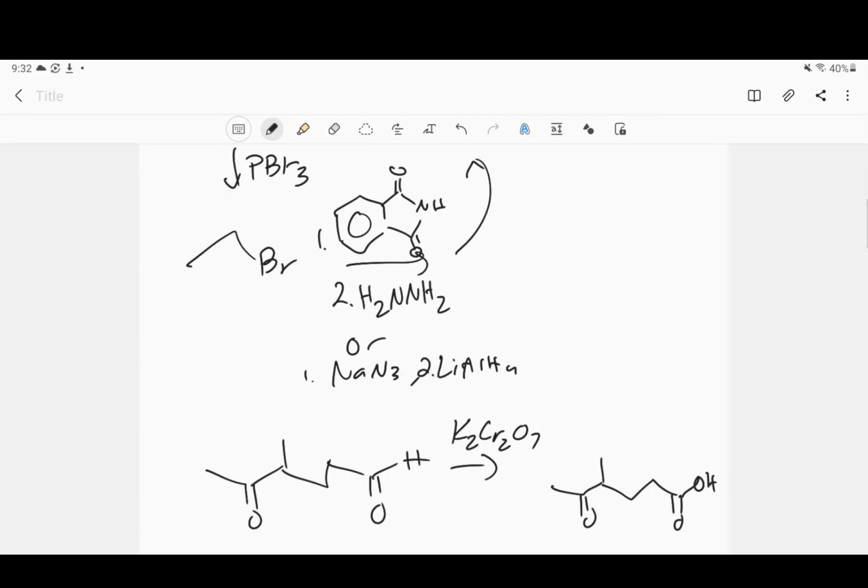Given that it says provide reagents, I think she just forgot to put the starting material. That's a pretty big whoopsie. I would not have thought to go from an alkene.